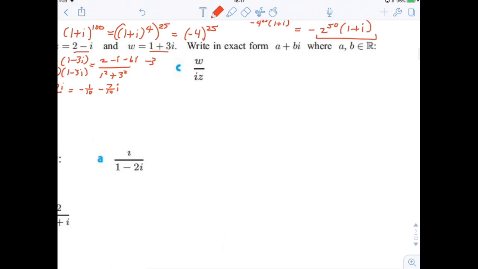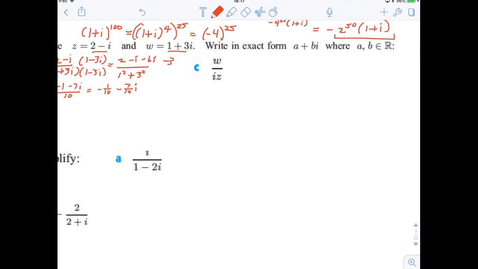And let's see. w divided by iz. w is 1 plus 3i, divided by z, which is 2 minus i, times i. Because it's i times z.